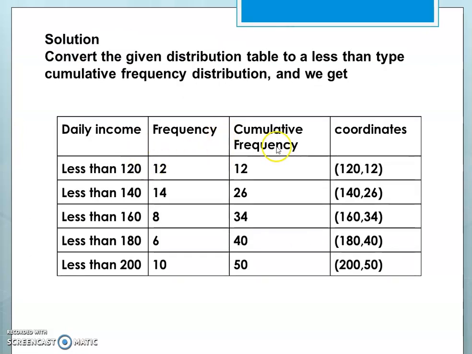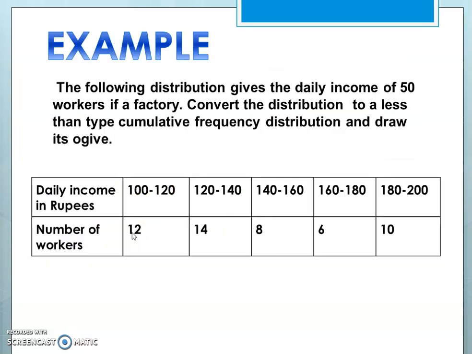Now I have drawn another table using the same data. The daily income will be written in less than form, that is, less than all the upper limits. If you go back to the table, we have class intervals as 100 to 120, 120 to 140 and so on. So the upper limits are 120, 140, 160, 180 and 200.